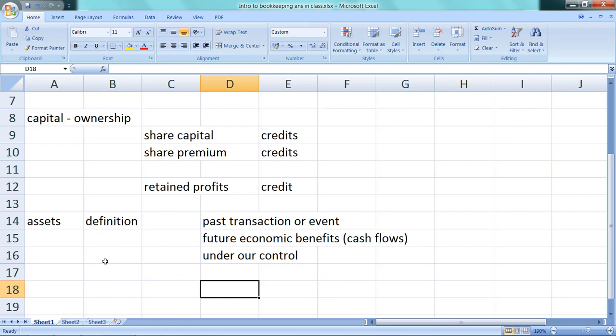If I can determine the future cash flows from an asset, and those future cash flows are going to increase, that gives me a gain. That gain in my assets will have another credit effect, which is an increase in my profits. There's the double entry whammy. A debit to an asset increases the future economic benefits, so it increases the value of the asset.